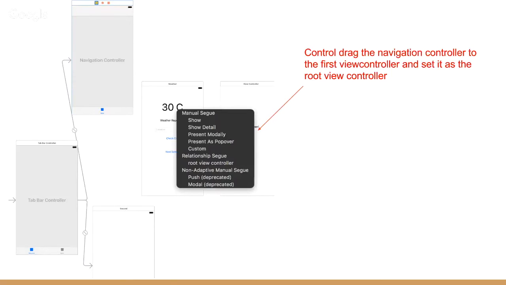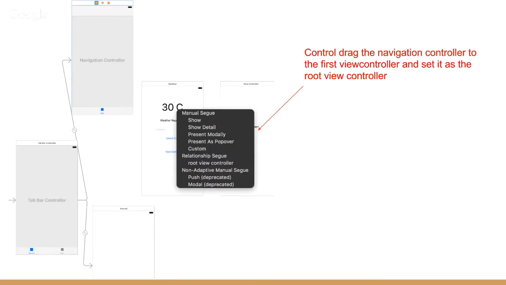Each tab bar controller has a lot of child view controllers. When you first created it, it had only two child view controllers, the first view controller and the second view controller. But now you deleted one, so you're left with only one view controller. So now you want to add a new view controller to it. You connect, and it says that this is your new view controller.